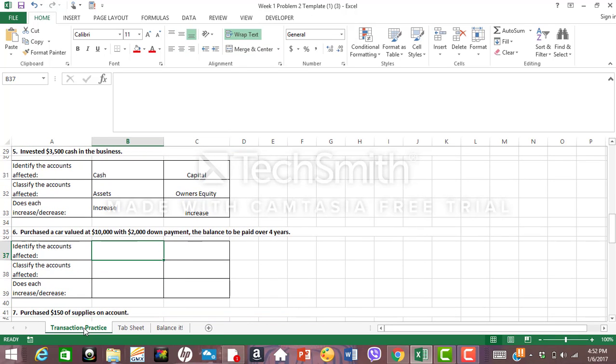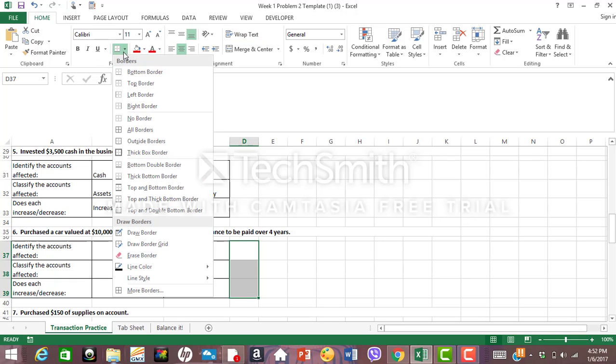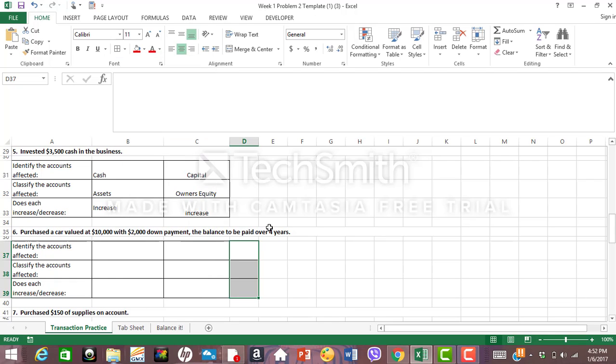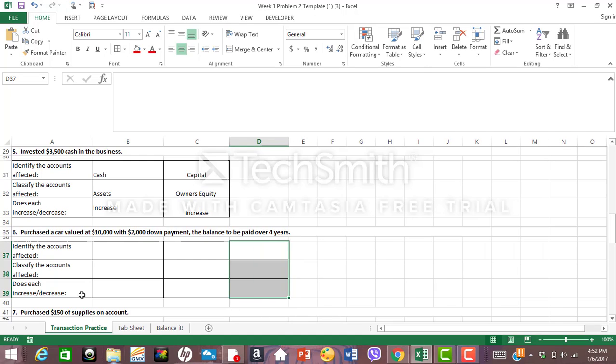We go to transaction number 6. Transaction number 6 says purchase a car valued at $10,000. $2,000 down payment. The balance will be paid over the next 4 years. So automatically, we know that 3 accounts have been affected. So I'm going to add another border right over here that separates the 3 different accounts.